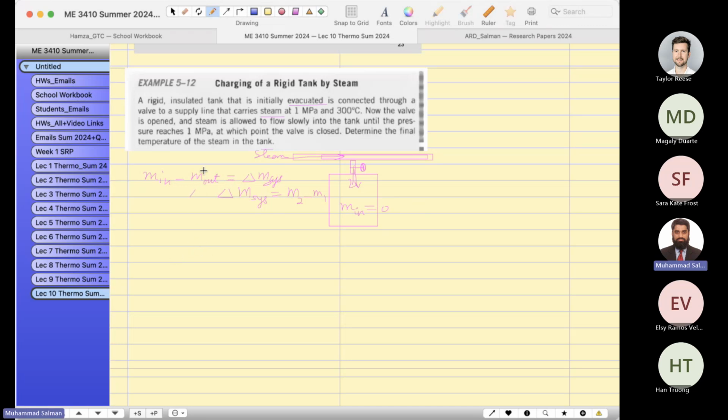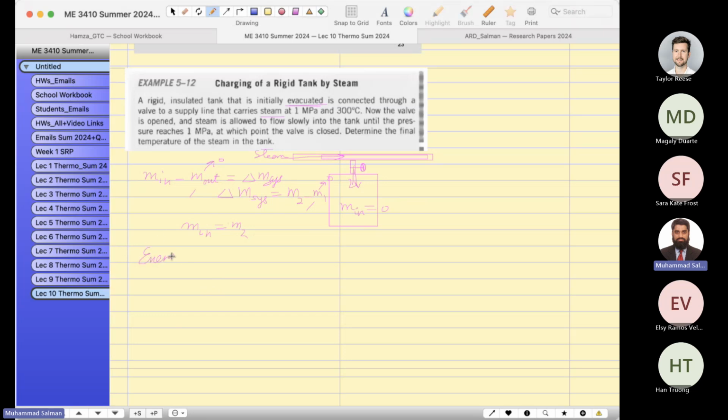And in our case, there is no outlet. In our case, initial mass is 0. Look, evacuated cylinder. Initial mass is 0. So M in equals M2. And this is the mass balance.